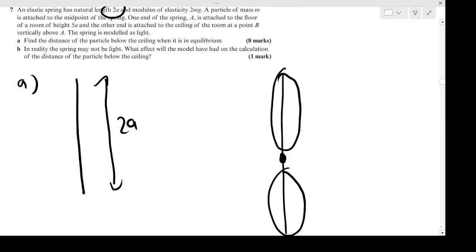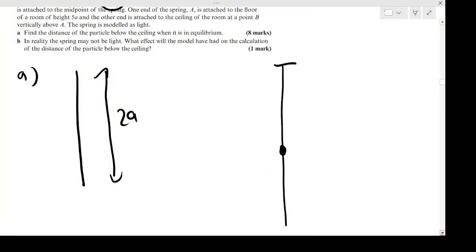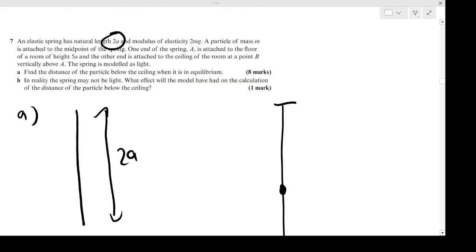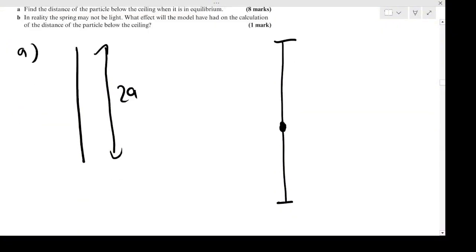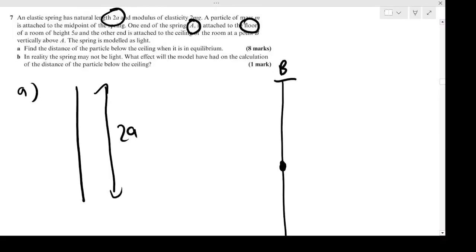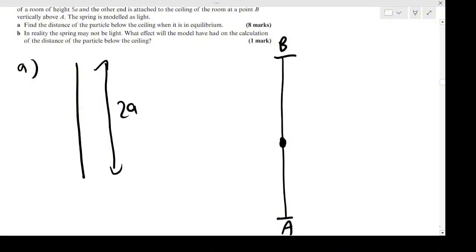But that's not all that happens. The spring at the top and bottom are also then attached to fixed points like this, and so point A is on the floor. So A is the fixed point here, and B is then at the top at the ceiling there. So hopefully happy with that. But then obviously the particle has a weight of mg that's going to act down.